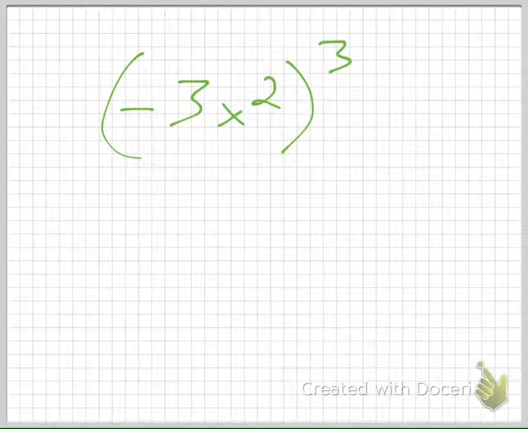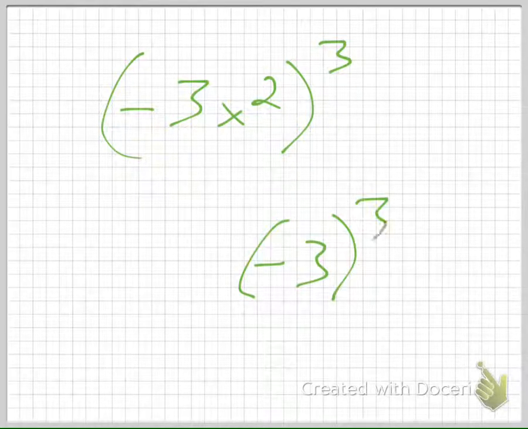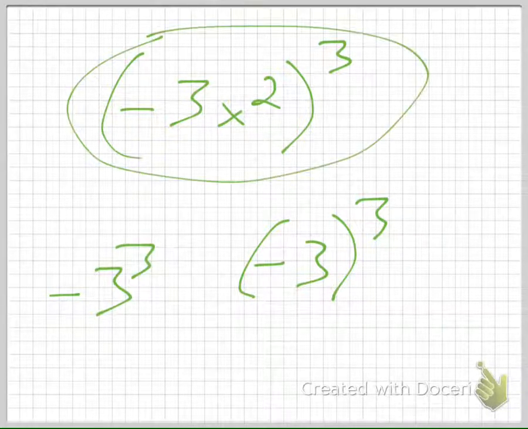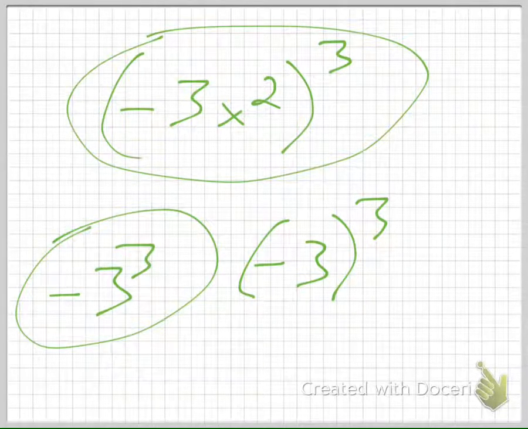This is no different than negative 3 to the 3rd. So the negative is being exponentiated. The negative is included. It's not out here. This and this are different. Make sense? When you have a negative in there, you're exponentiating the negative number.